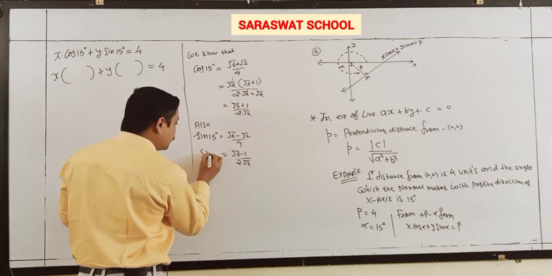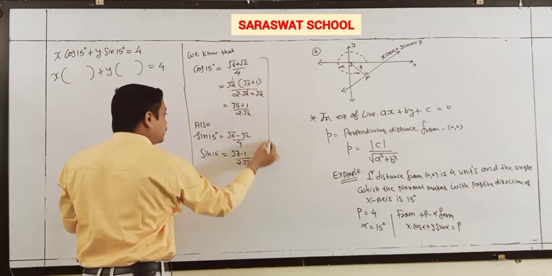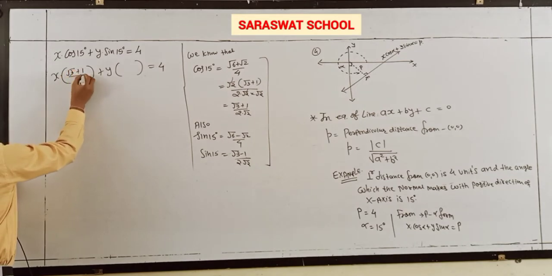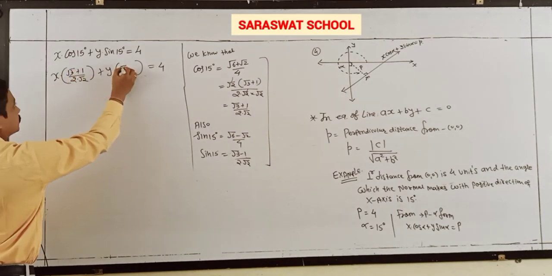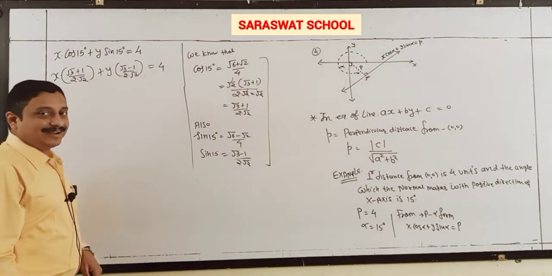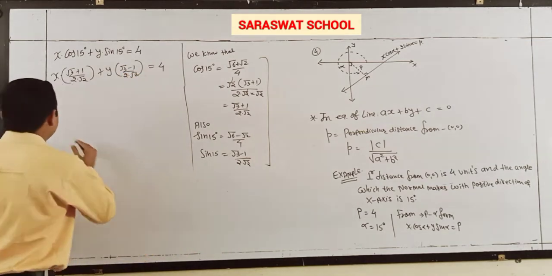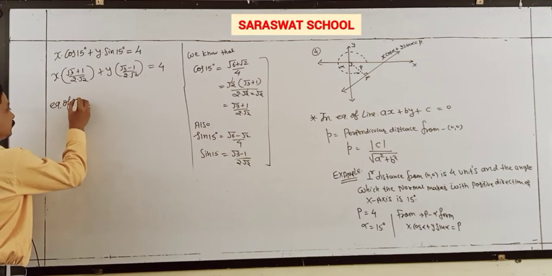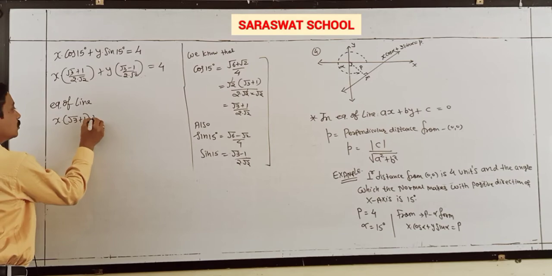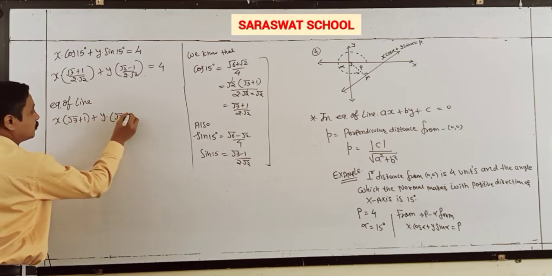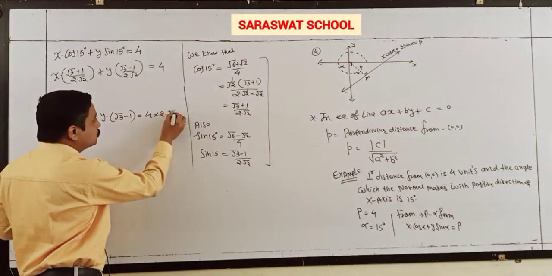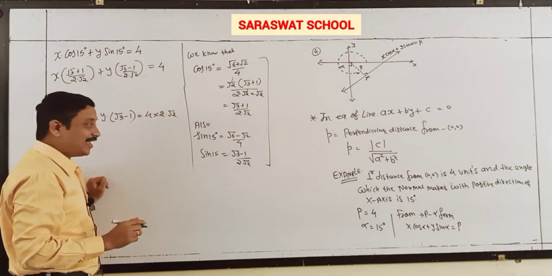And all these values you successfully put in here. So root 3 plus 1 by 2 root 2, root 3 minus 1 by 2 root 2, and take the LCM. So the equation of line: x times root 3 plus 1, y times root 3 minus 1, and 4 times 2 root 2, which is 8 root 2.